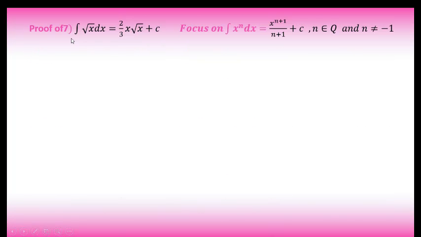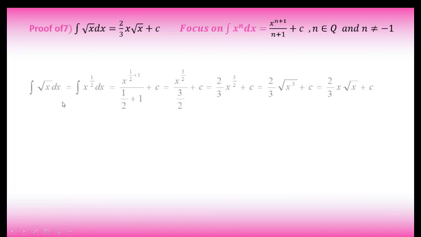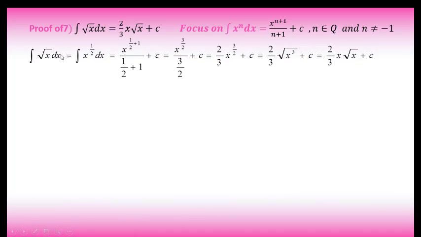Now proof of 7. Integral radical x dx is 2/3 x radical x plus c. To prove this property, radical x dx should be written in the form x^n dx. Radical x equals x^(1/2) dx. Now this form and this form are identical with n equal to 1/2.